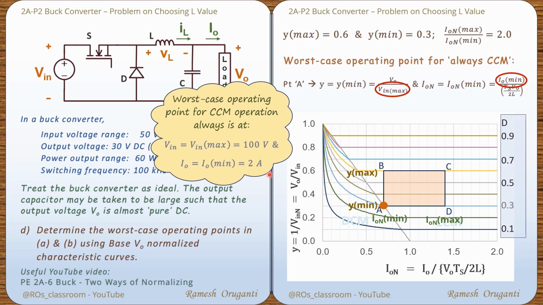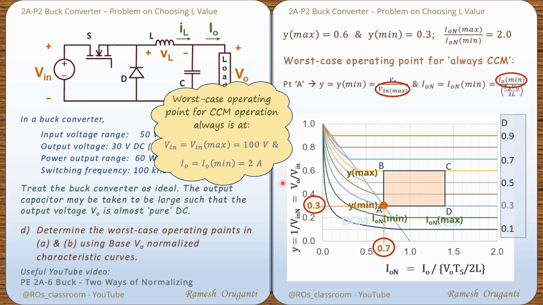If you choose the inductor in such a way that the operation is on the boundary under this condition, the operation will always be in CCM. The ION minimum value is 0.7. You can read it from the graph or you can use the equations to get it. Y minimum is 0.3. ION minimum is 0.7.